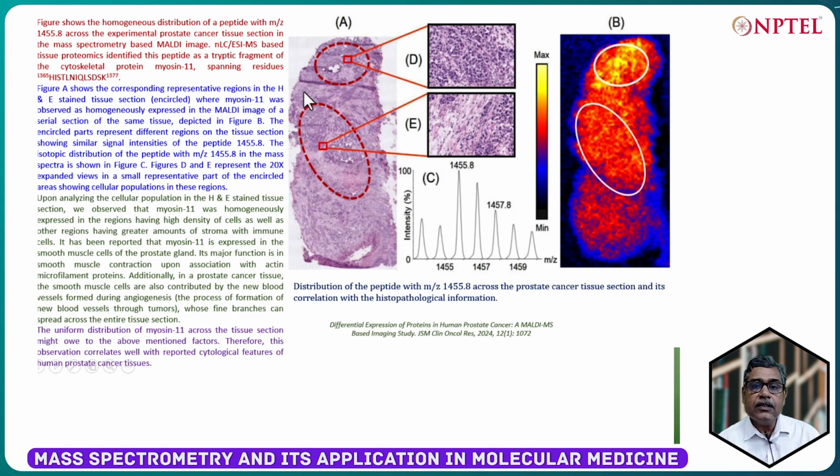Figure A shows the corresponding representative regions in the H&E stained tissue section, that is, the different encircled regions, where myosin 11 was observed as homogeneously expressed in the MALDI image of the serial section of the same tissue, as depicted in figure B. The encircled portions, like the one that we have here and here, represent different regions of the tissue section showing similar signal intensities of the peptide 1455.8.